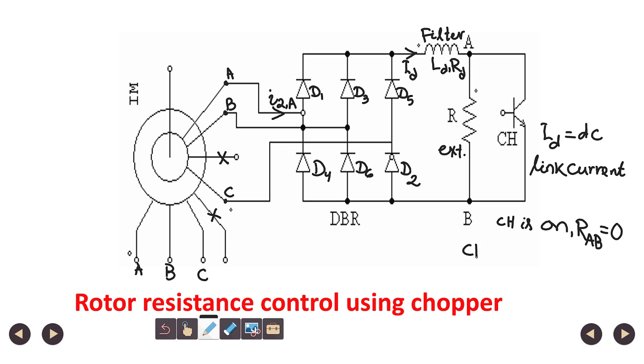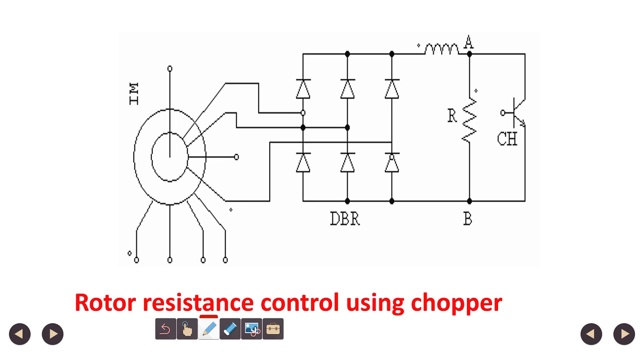When the chopper is off, then the switch is open, the chopper switch is open, transistor is open. So, the resistance between points A and B is R_AB equal to R, the external resistance value. So, this way this chopper is switched on and off. You can see the timing diagram.